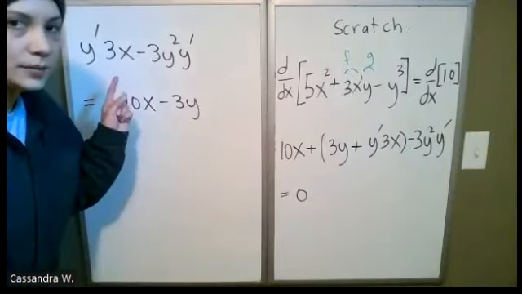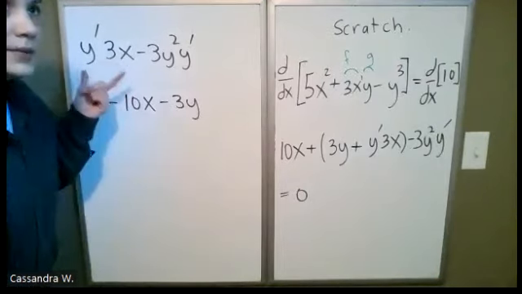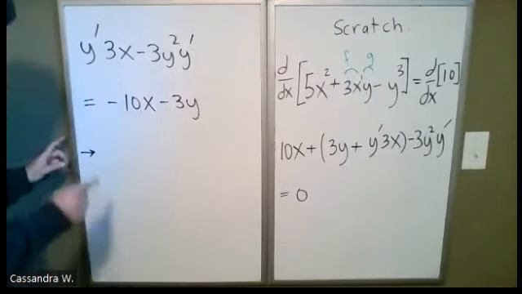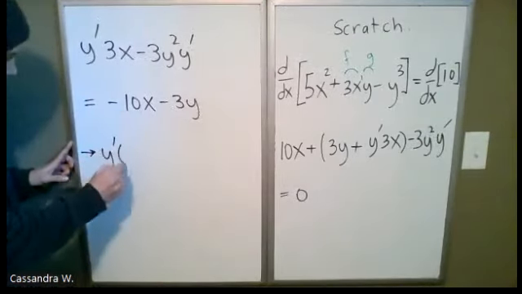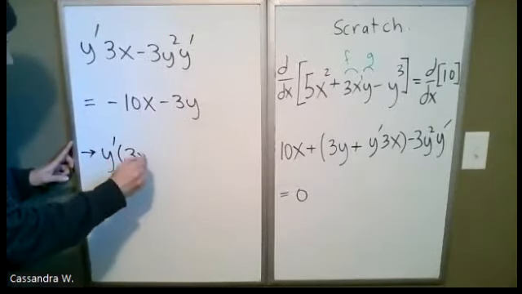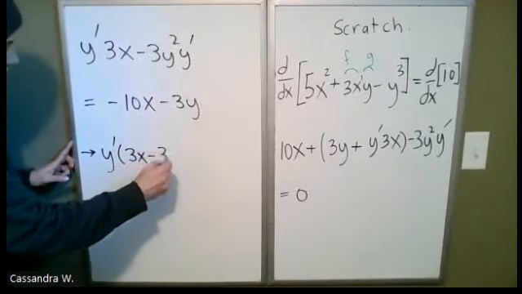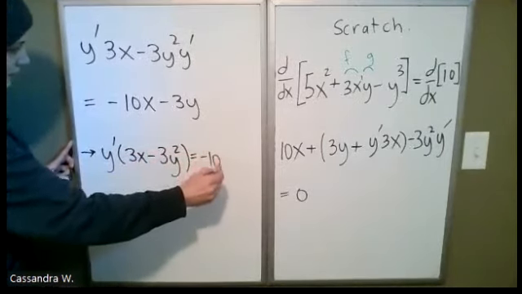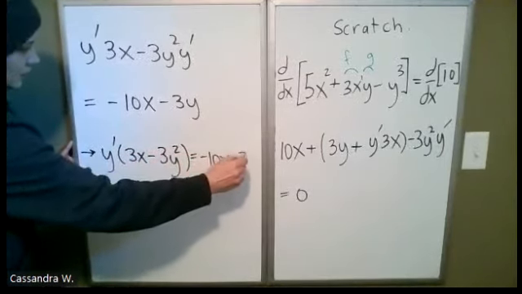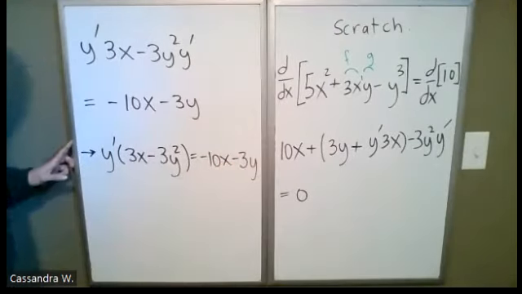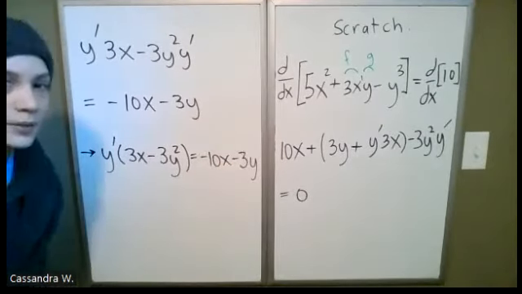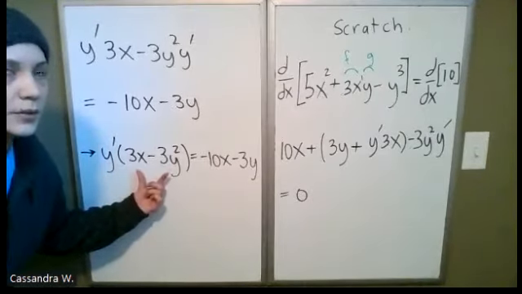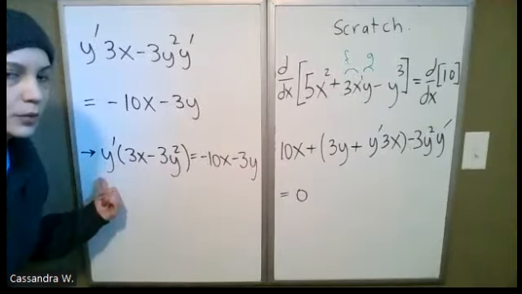Okay, from the left side of the equation, we're factoring out y prime. Okay, now divide both sides by this 3x minus 3y squared, and that will give you y prime.